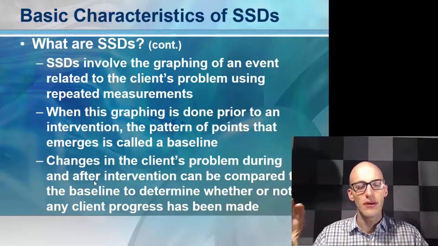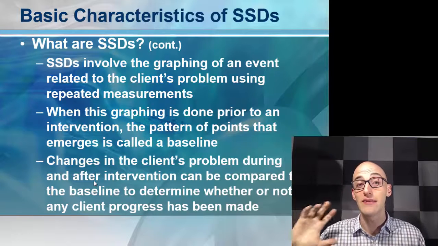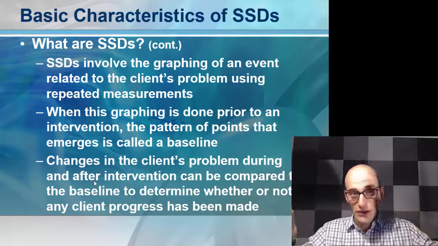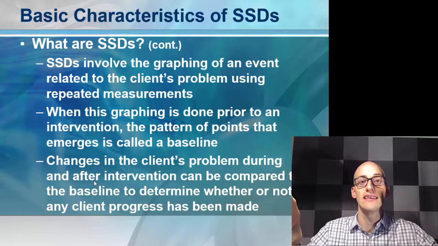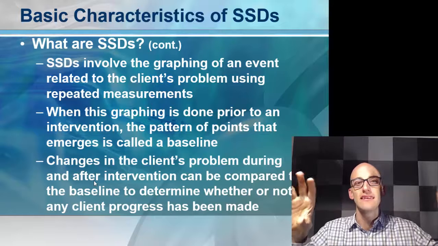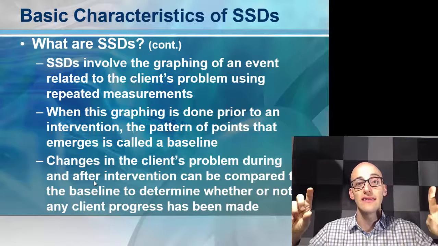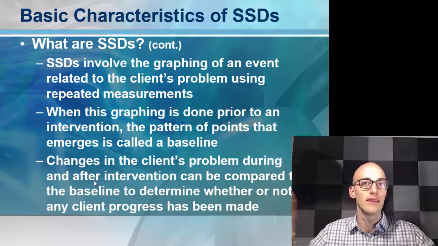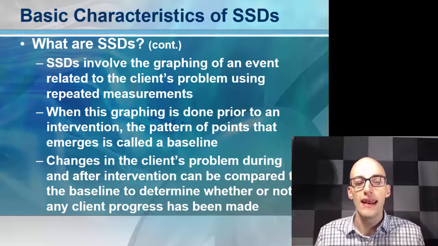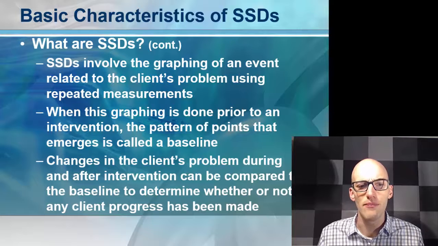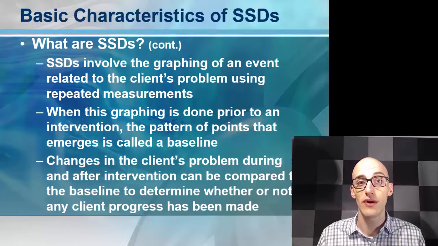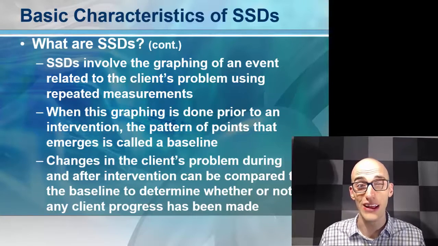Again, as opposed to experimental designs where you might be comparing one group of smokers that didn't get an intervention to a different group of smokers who did, single system design is just comparing one person to themselves over time, as opposed to comparing different groups of people or different persons to one another. And again, changes in their problem after the intervention can be compared to their problem during baseline to determine whether or not they're making the progress that you're really hoping to get at.